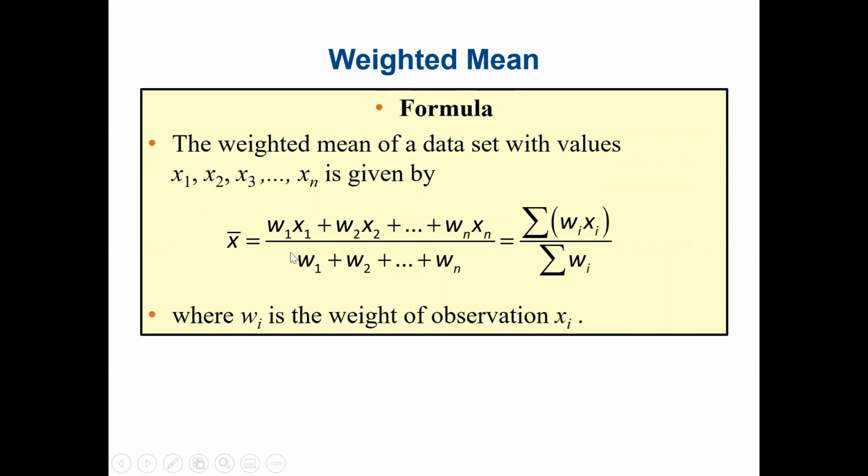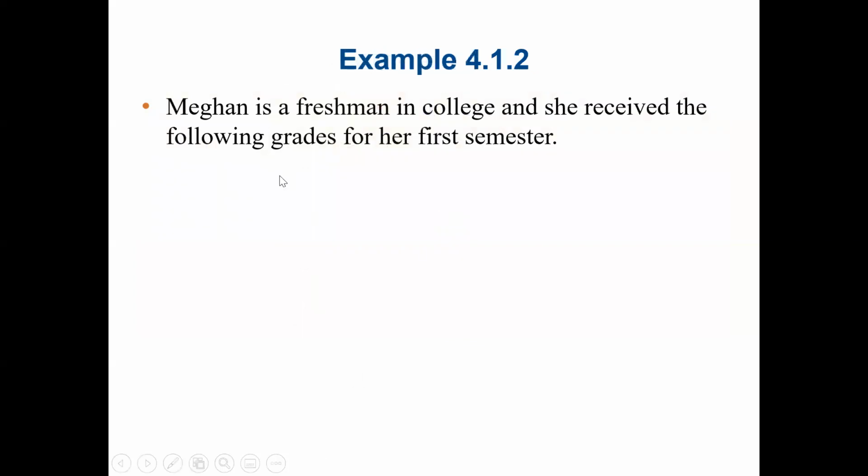Then it's given by W1 times X1, plus W2 times X2, plus Wn times Xn, all divided by W1 plus W2 plus Wn. So let's see an example here.